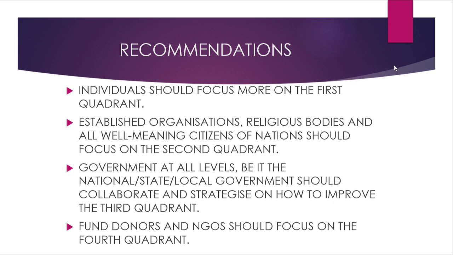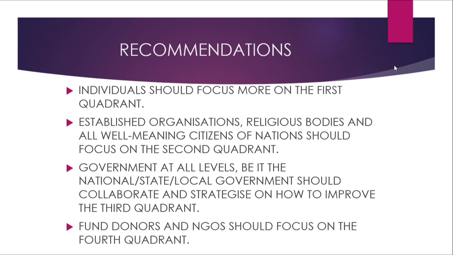Governments at all levels, be it national, state, local government, should collaborate and strategize on how to improve the third quadrant. That is big, large-scale research and extension outlets. Government should do something about it. Make sure they are doing what they are supposed to be doing. Empower them. Invest in them.